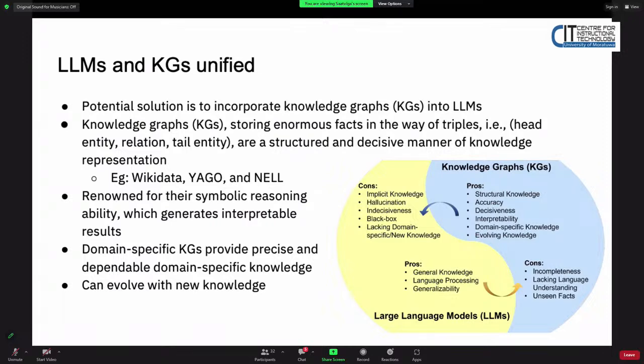Knowledge graphs are actually renowned for their symbolic reasoning ability, because in a graph, it connects the concepts, and you can easily find paths between nodes in a graph, which can add to the reasoning ability. Knowledge graph is a separate research field, and there are several applications, and it's been used for reasoning as well. People are now looking at building domain-specific knowledge graphs because they can effectively model it.